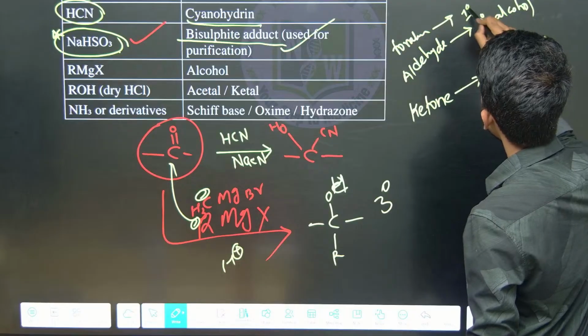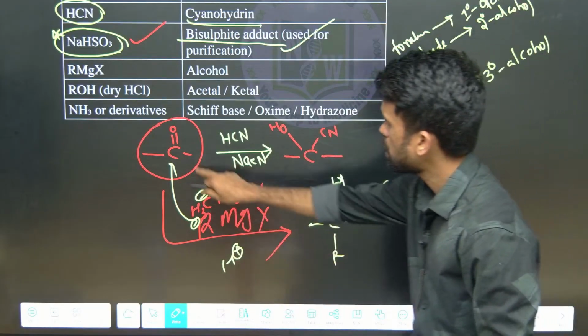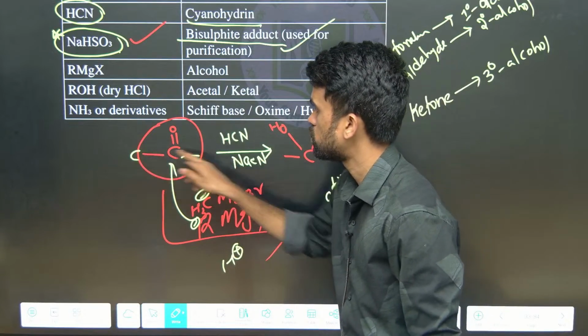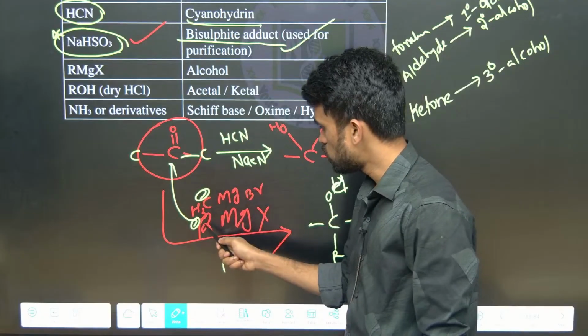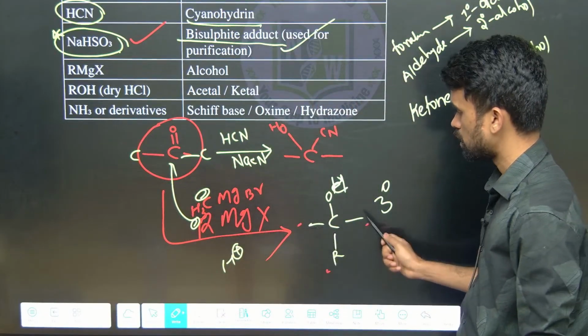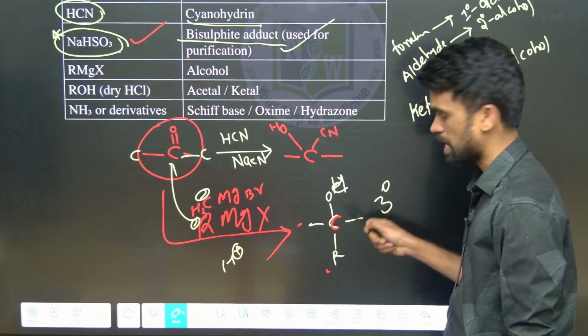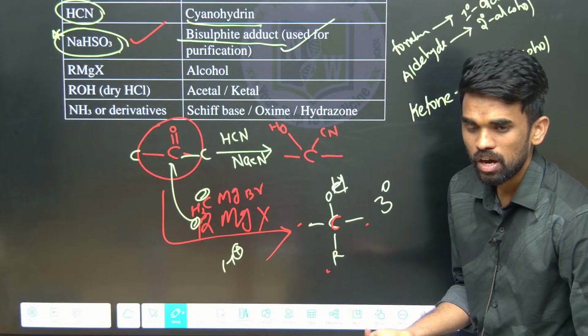Sir, how are you saying all these? See, how many carbons are there? If I say this is a ketone, let us say acetone, already 2 carbons are there, and a new carbon is entering. So now there are 1, 2, 3 carbons around this tetrahedral carbon with 1 OH. So it's a tertiary alcohol.